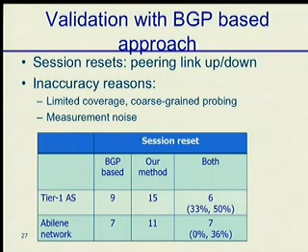So the BGP-based method itself has its own set of validation techniques behind it. For example, for session resets, you can get information from the syslog data from the routers. And for hot potato changes, you can get information from the OSPF data in terms of link down and link up events. So that's a different type of validation.